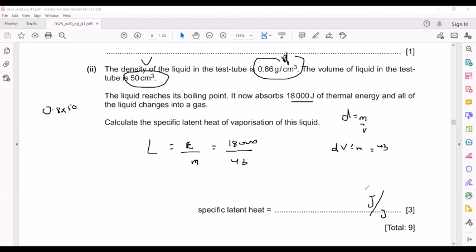So 18,000 divided by 43, what is the answer? 418.6, or 419 joule per gram. If you want to convert to kilograms, this is not joule per kilogram; it is joule per gram because the mass here is in grams.